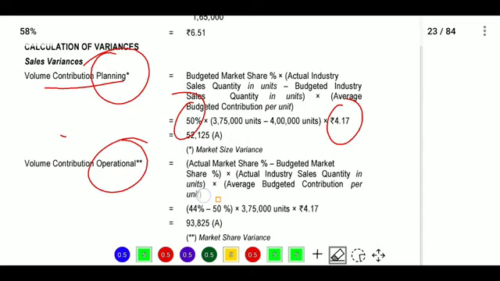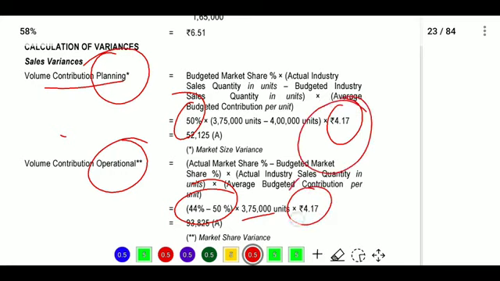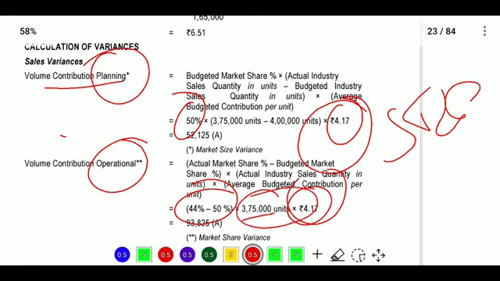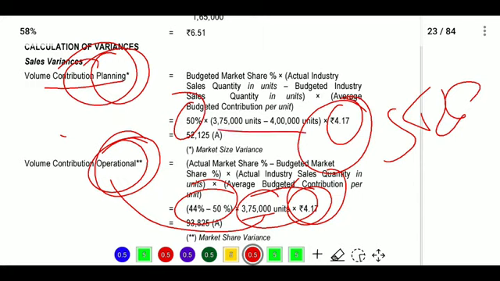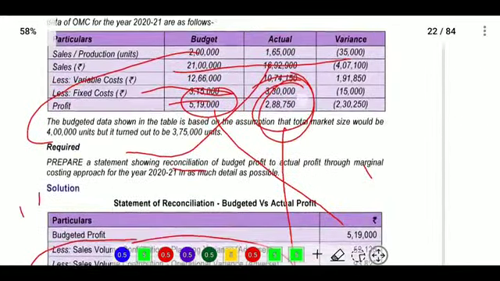We will see the difference of 44 percent and 50 percent: actual market share minus budgeted market share, into 3,75,000 units into 4.7. Always we will take the standard price, and we will take the actual quantity here. When it is operational, we will take the actual units. Where you are calculating contribution planning, you will need to provide 3,75,000 minus 4 lakhs.